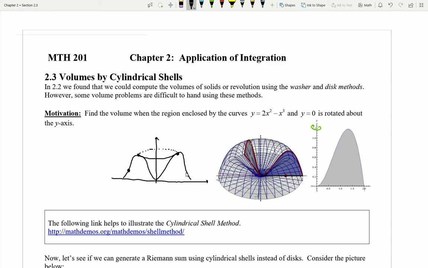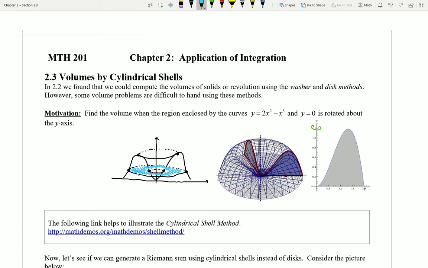I could connect a dot to its mirror image at this level. So again, I come out of the page, and then I imagine I'm going back into the page. And I'd also have to do it up here at these sorts of points. So I go out of the page and back into the page. And so hopefully with this sketch, I can start to see that, oh, okay, the shape of the cross section here appears to be that washer shape we talked about in the last section.